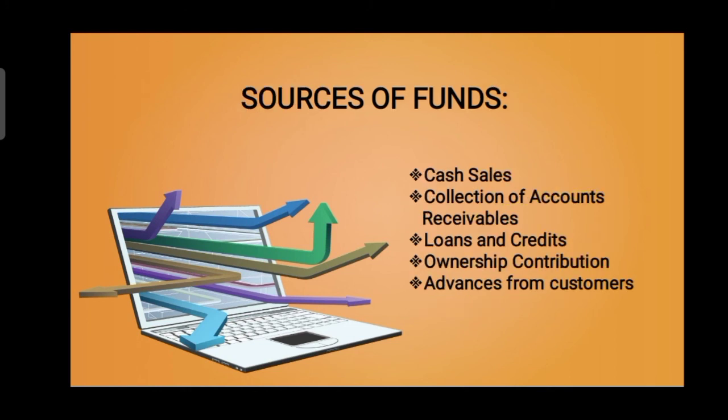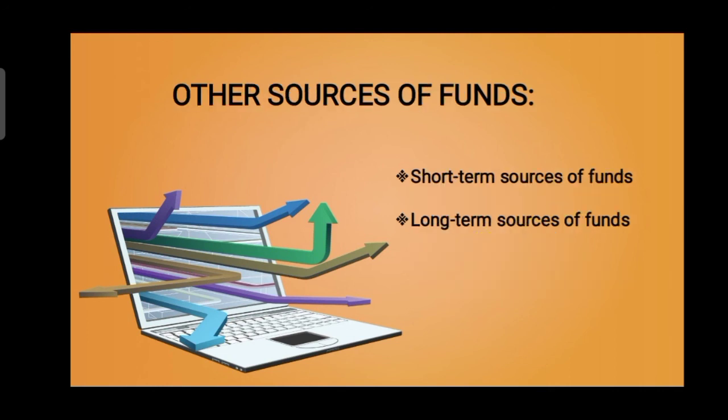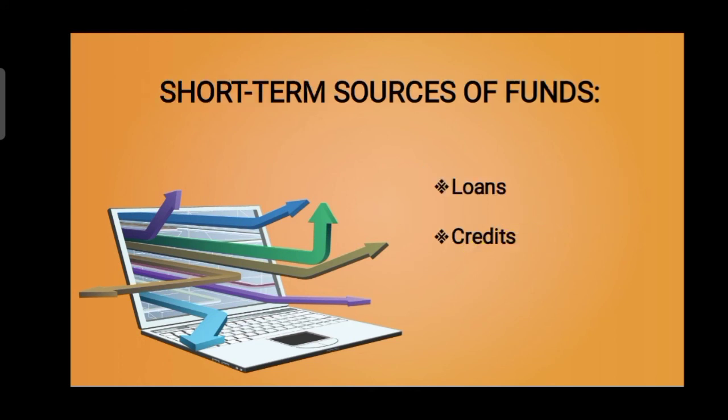And here are the sources of funds. First is the cash sales, then the collection of accounts receivable, the loans and credits, the ownership contribution, and the advances from customers. And there are other sources of funds. There are two: first is the short-term sources of funds and the second is the long-term sources of funds.